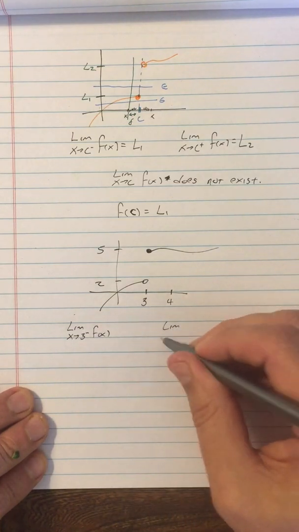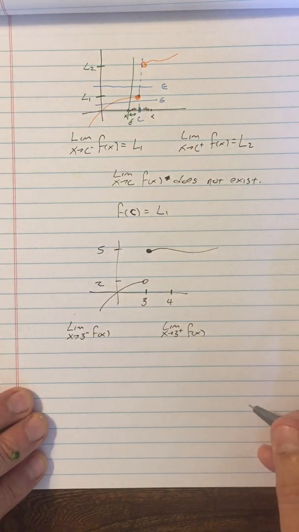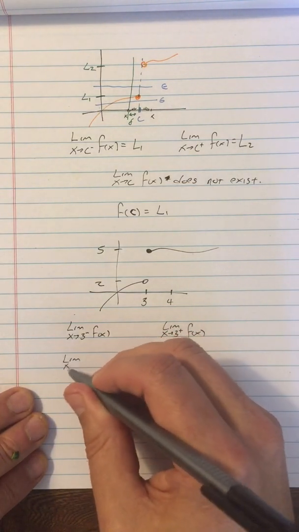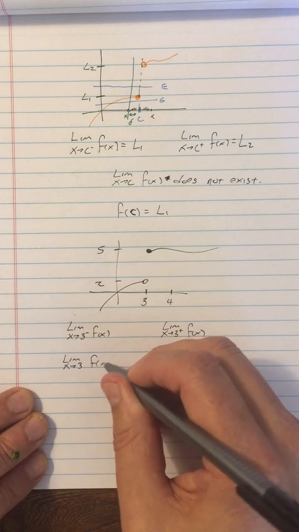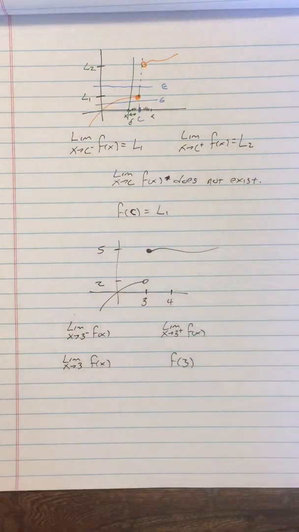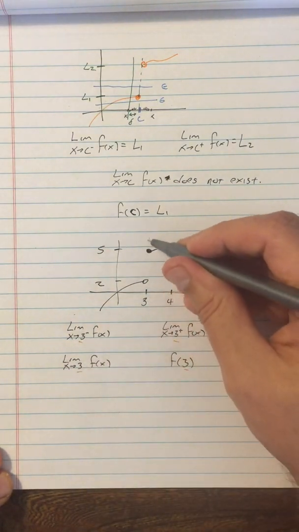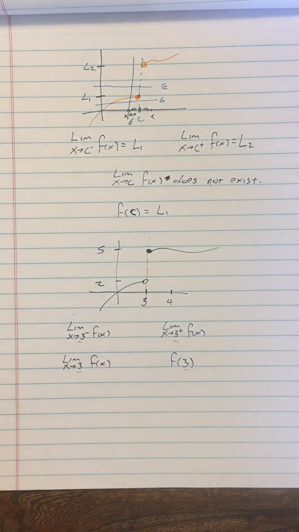What is the limit as x approaches 3 from the right of f of x? What is the limit as x approaches 3 of f of x? And what is f of 3? So those three questions all revolve around the x being 3. So they're only talking about what's going on here. All right, so take a minute to answer those.